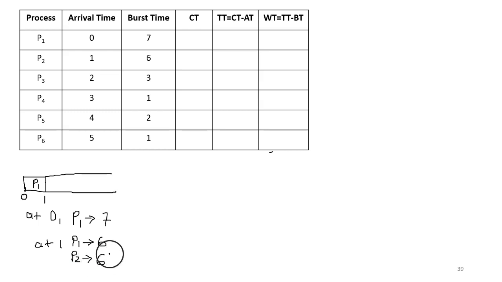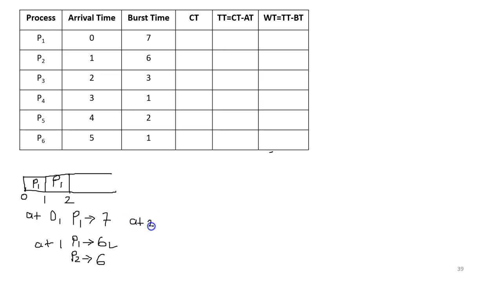So there is a tie as far as the burst time is concerned. In this case, priority will be given to the process which came first. Means P1 will continue to execute for 1 unit because at time 2 there is arrival of another process.